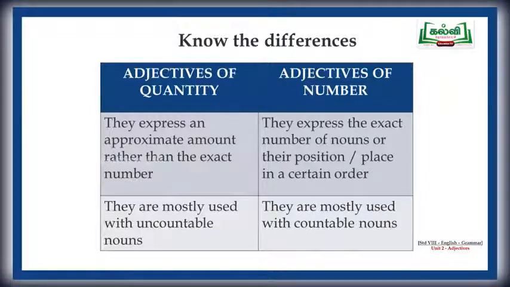Then we will see one more point. They are mostly used with uncountable nouns. Which one? Adjectives of quantity, because we are using words like much, more, lot. So with uncountable nouns we use adjectives of quantity. With countable nouns we use adjectives of number.